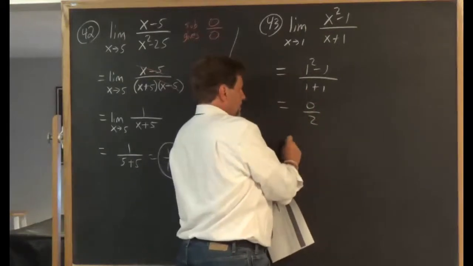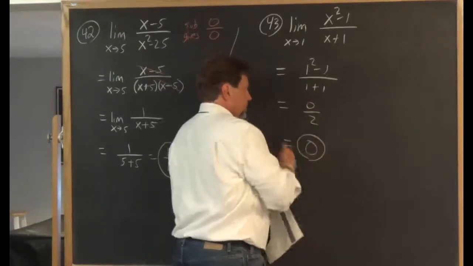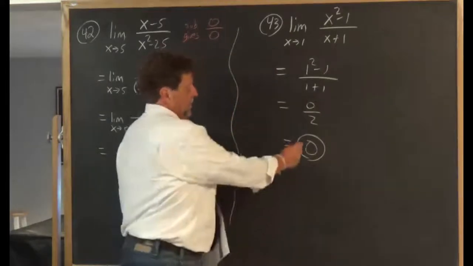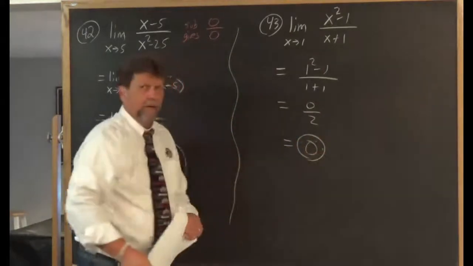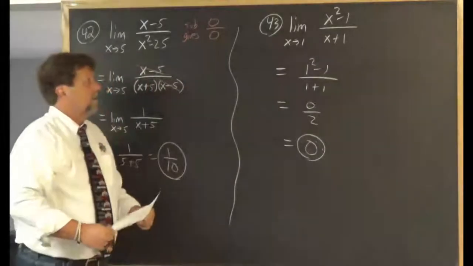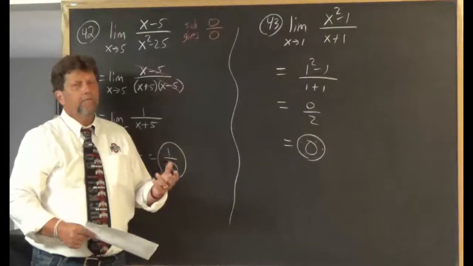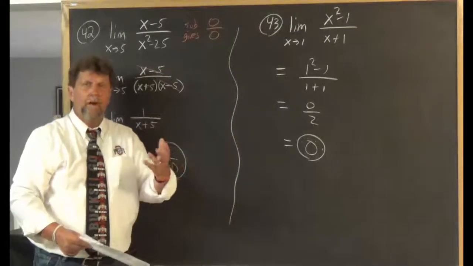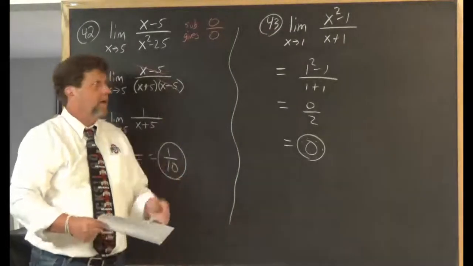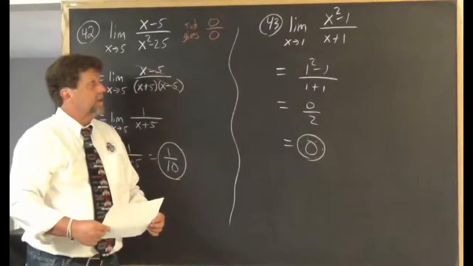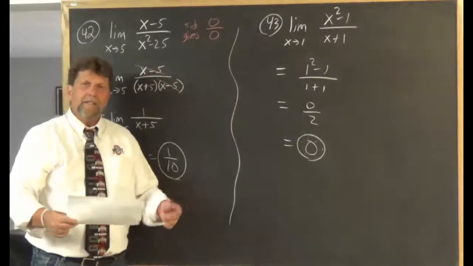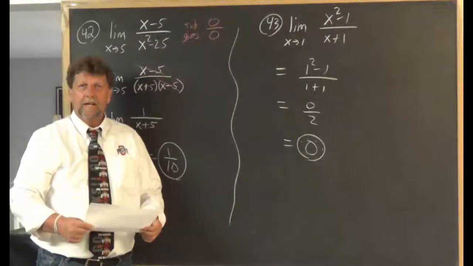That's not indeterminate. 0 over 2 is 0. So, not all of them will be indeterminate form. The majority will be indeterminate form. But that one's just to keep us honest. So, let's head back to the slides and see what's next.